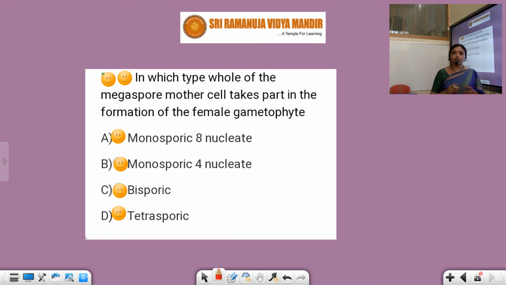And if out of 4, 2 degenerate and 2 megaspores participate in the formation of embryo sac, it is bisporic. Here the question is the whole of the megaspore mother cell. That means one megaspore mother cell gives how many megaspores? 4 megaspores. The 4 megaspores participating in the formation of embryo sac, that type is called tetrasporic. So here B is the answer.